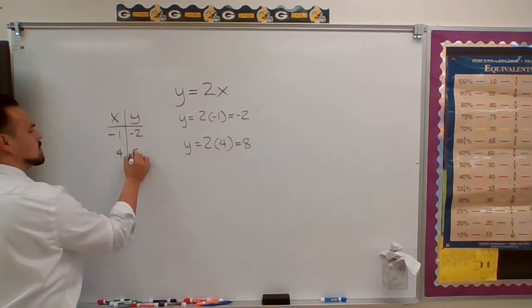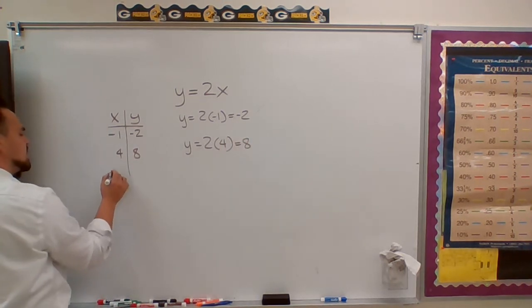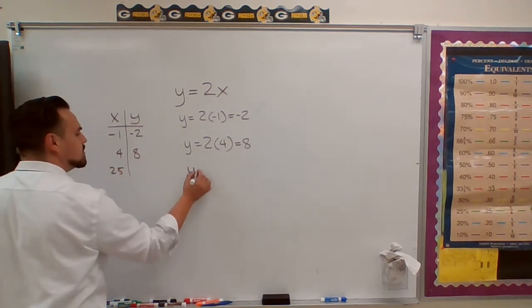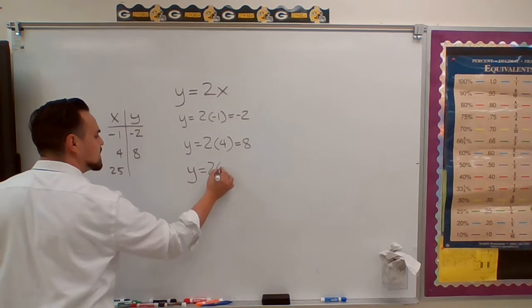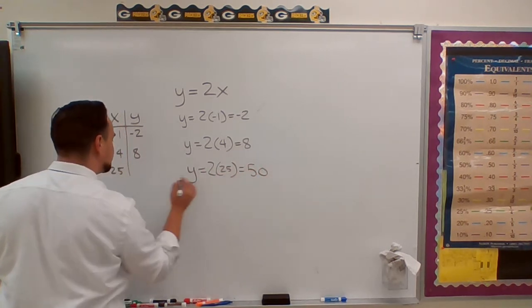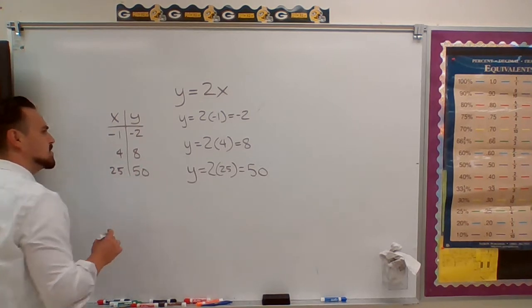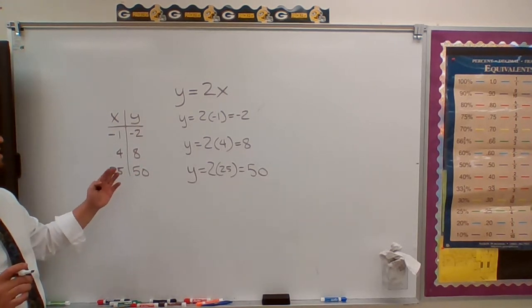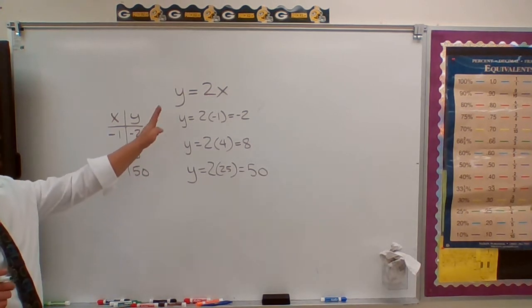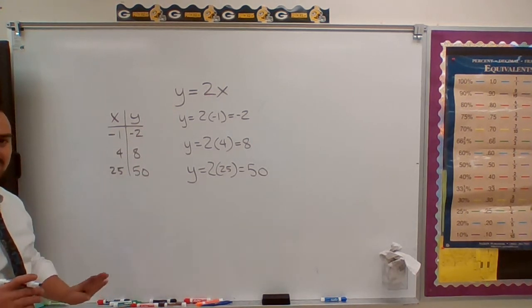If I plug in 25 for x, y is going to equal 2 times 25, so y is going to equal 50. As you can see, for every 1 of x, there will be 2 of y. That's all that relationship is showing us.